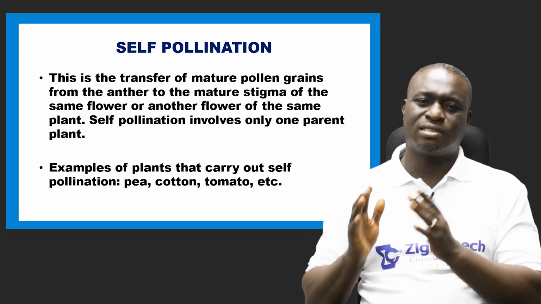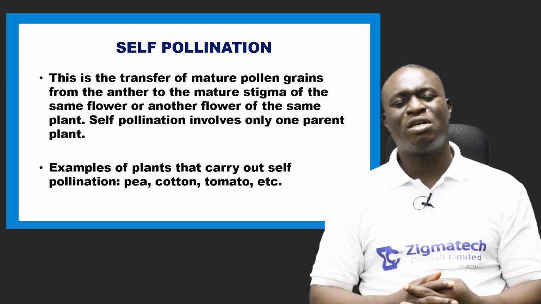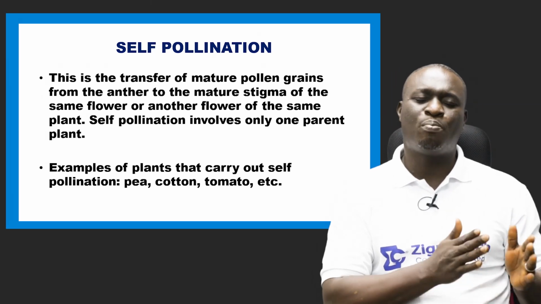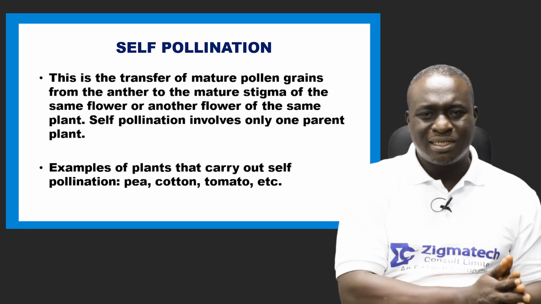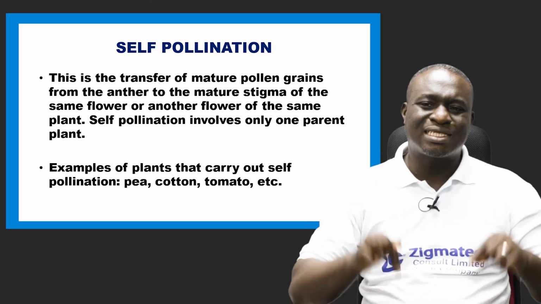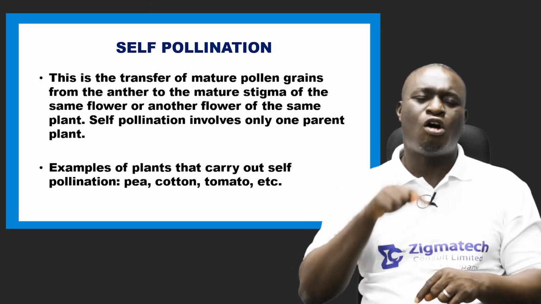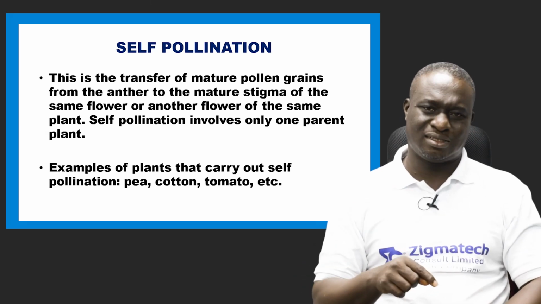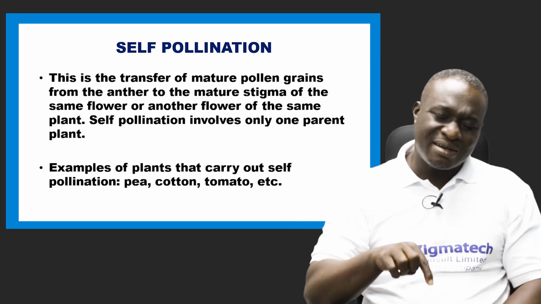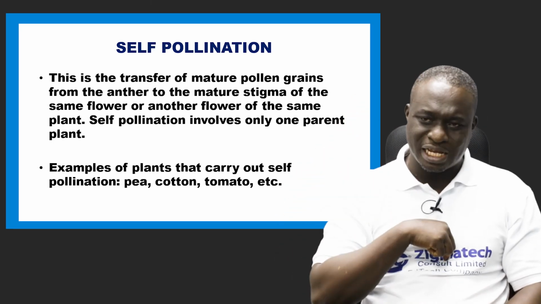What is self-pollination? Self-pollination can simply be defined as the transfer of mature pollen grains from the anther to the mature stigma of the same flower or another flower of the same plant. If it is of the same plant or of the same flower, it is referred to as self-pollination.